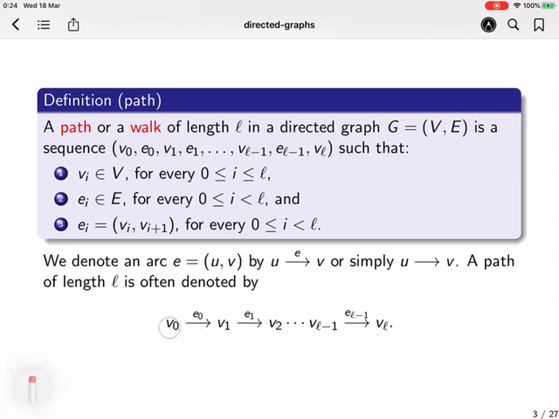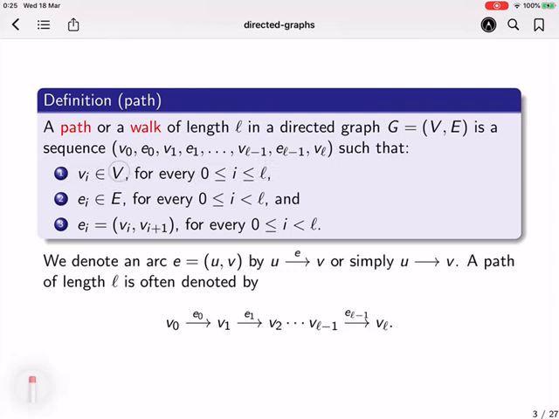You see here, the path starts with V0. The first edge of the path, E0, connects it to V1. The second edge in the path connects it to V2, and so on and so forth until we reach V3. So formally speaking, in this sequence, V0, E0, V1, E1, and so on, the vertices, the Vi's, are vertices.